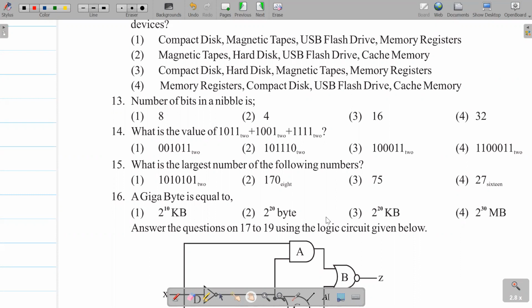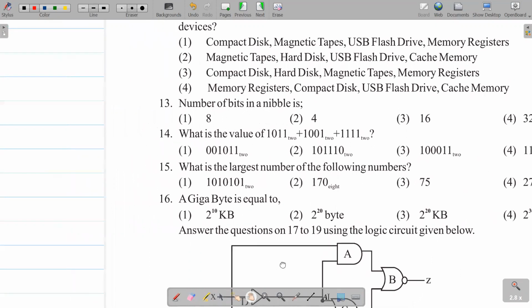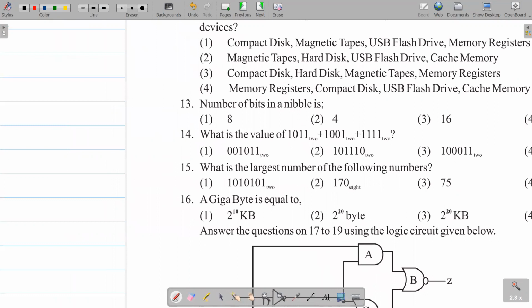So let's convert these values quickly. The first value is 1, 0, 1, 1. The place values I'm going to write at the top: 1, 2, 4, and 8.